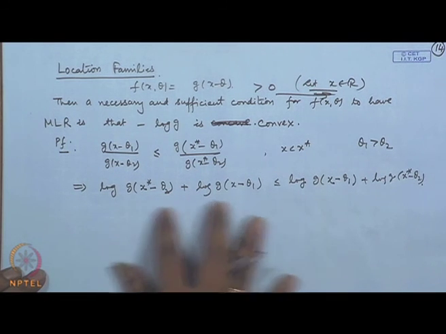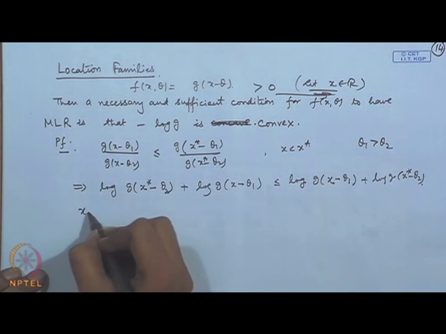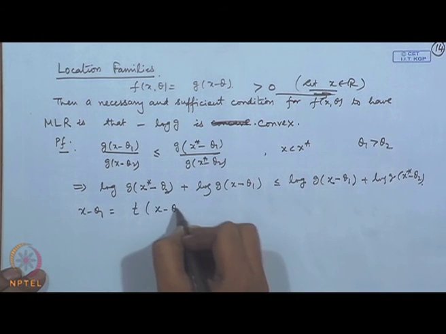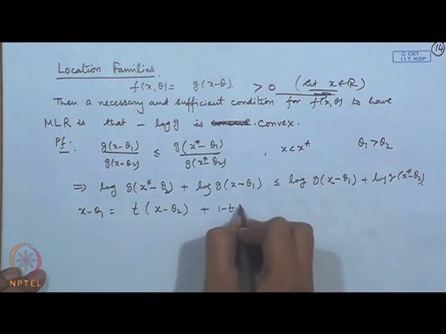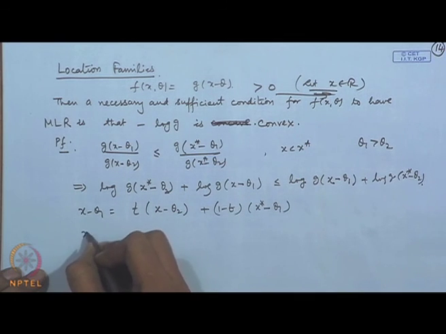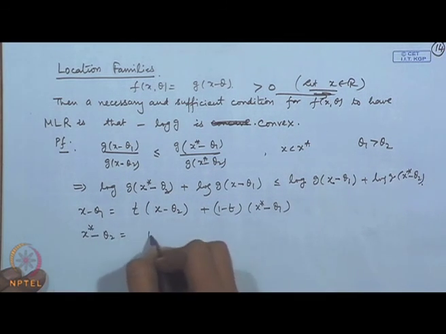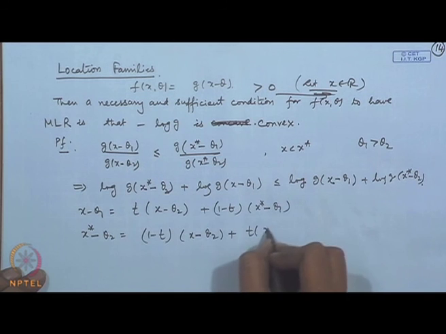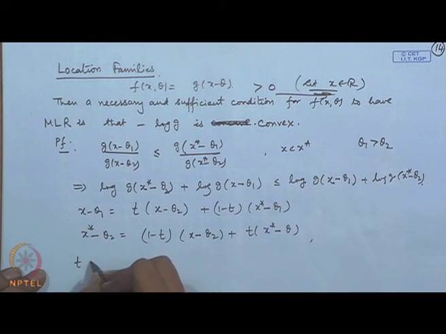Now, we can actually interpret something like this: x minus theta 1 we can write as some t times (x minus theta 1) minus theta 2 plus (1 minus t) times (x star minus theta 1), and we may also write x star minus theta 2 is equal to (1 minus t) times (x minus theta 2) plus t times (x star minus theta 1), where t I am choosing to be (x star minus x) divided by (x star minus x plus theta 2 minus theta 1).